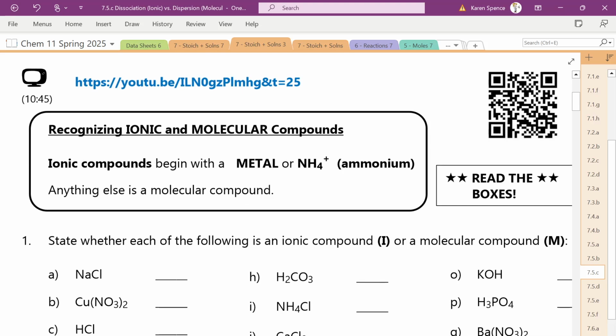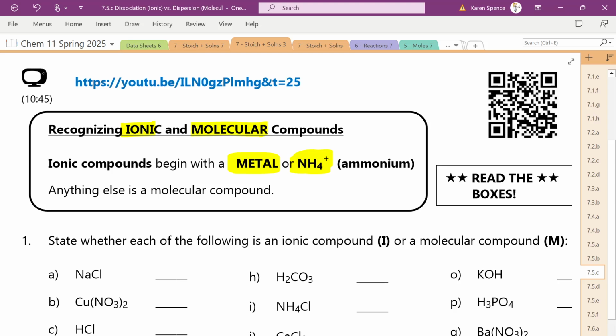You need to be able to recognize ionic and molecular compounds, which hopefully is not too hard. Ionic compounds begin with a metal or NH4. So for this first little bit you're going to decide whether it is ionic or molecular.